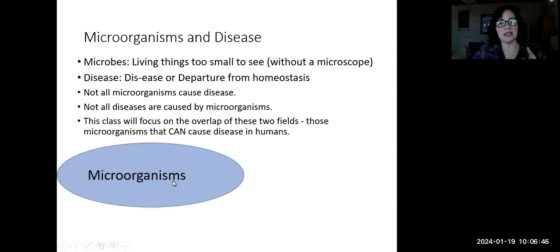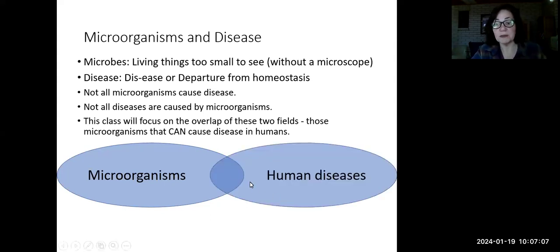So we've got all these different kinds of microorganisms. Many of them have absolutely nothing to do with humans. You'll never find something in the archaea living on a human being. But there are some microorganisms that do live on humans and also don't cause disease. And then you do have some human diseases that are caused by microorganisms.